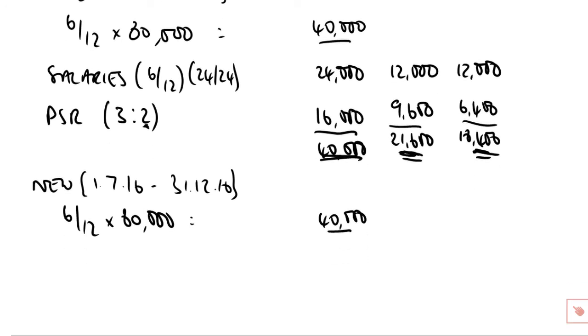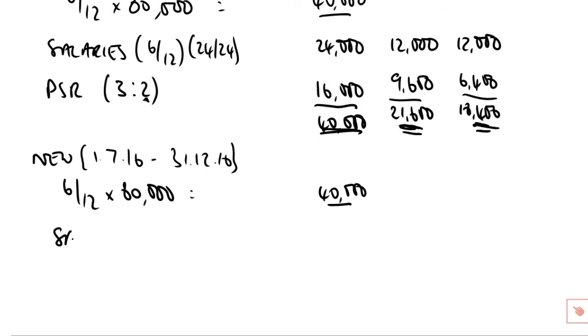How do we divide that? Well, of course, salaries are first, and that again is going to be 6 months' worth of salaries. The salaries this time, you will recall, were £20,000, £20,000 and £10,000 respectively.